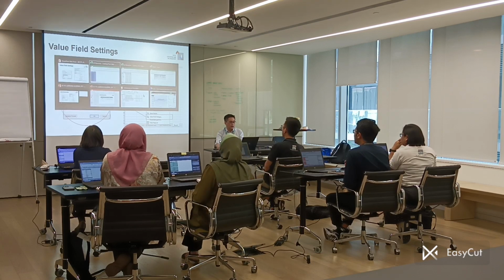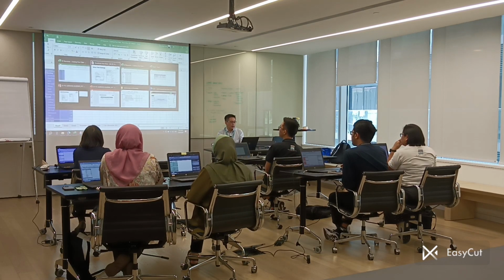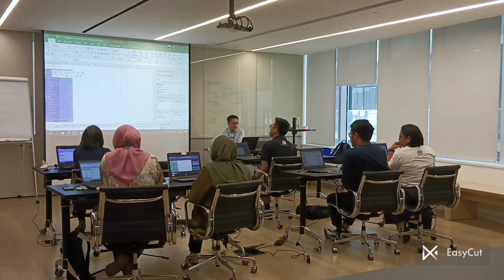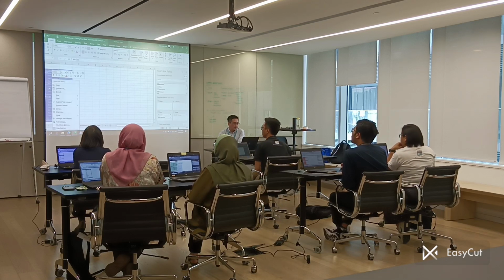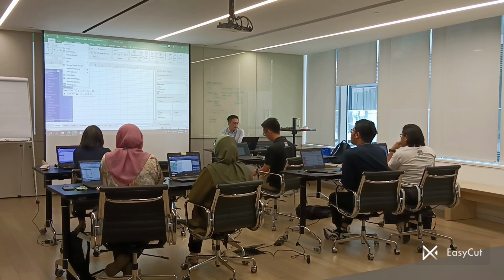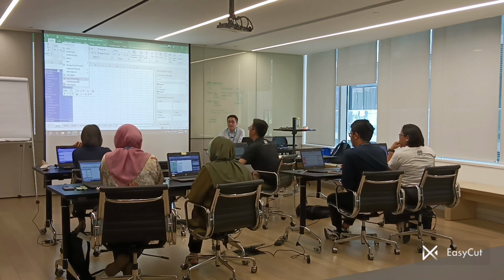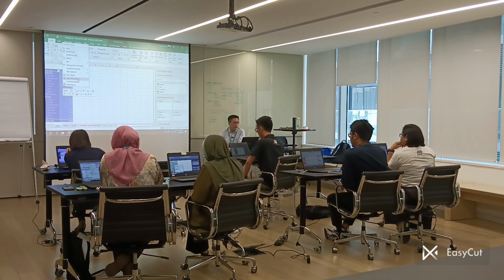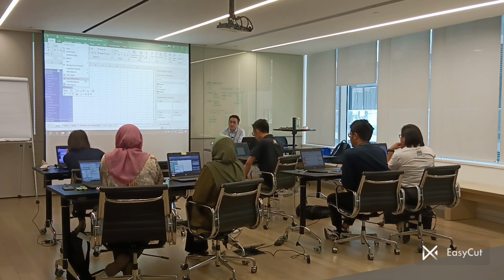Let's go to the table. You have to right click anywhere in the pivot table, and then you select value field settings. This one.